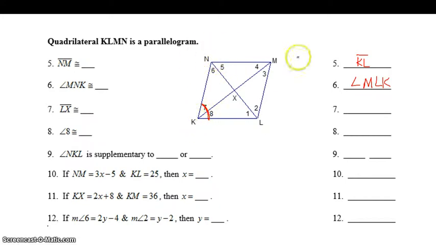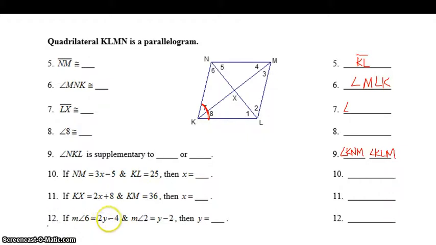So then angle KNM is supplementary to this NKL. And then this angle L right here is also going to be supplementary because it's consecutive, or next to this angle here. So the other blank would be angle KLM. So this angle is supplementary to this one because they're consecutive angles, and this angle is consecutive to this angle that we have marked, and so that's supplementary.